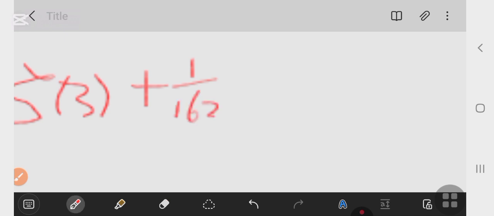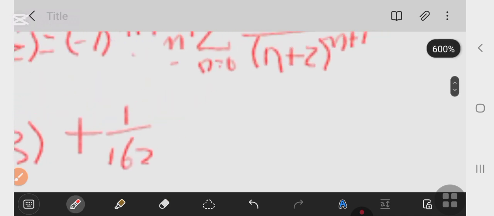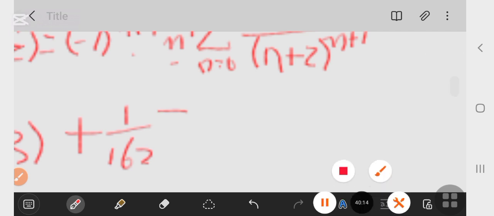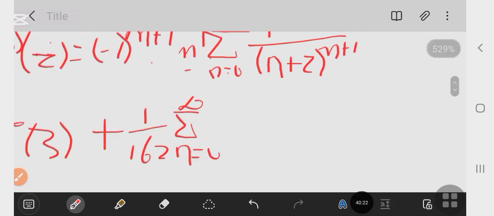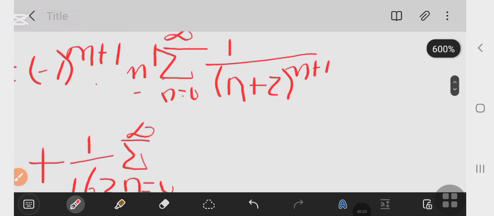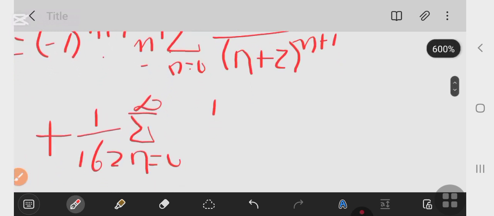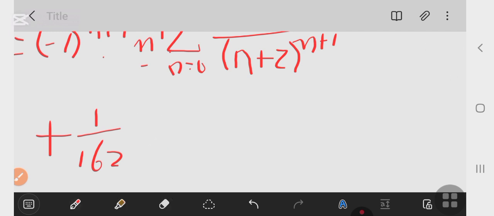Then all into the two sums. I shouldn't have written this sum again. I'll just open my bracket, and what do I have?